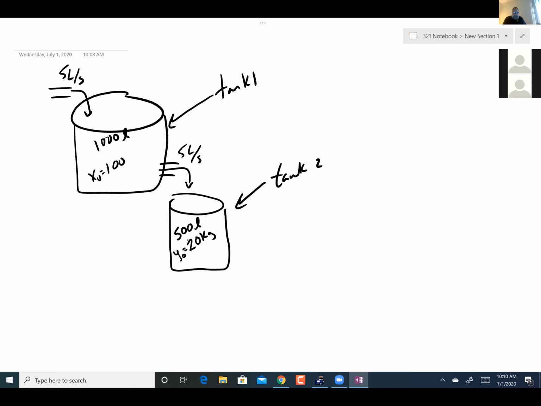Okay. So think about what's going to happen here. Who is saltier initially? This is kilograms. Tank Y or tank X? Who's saltier initially?